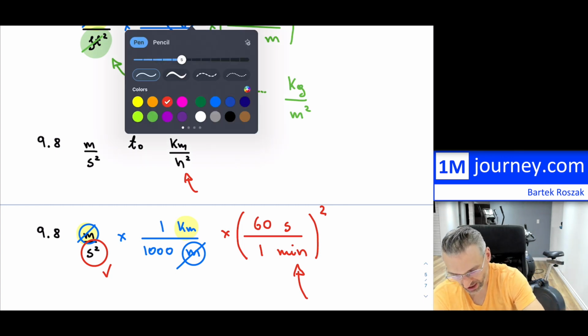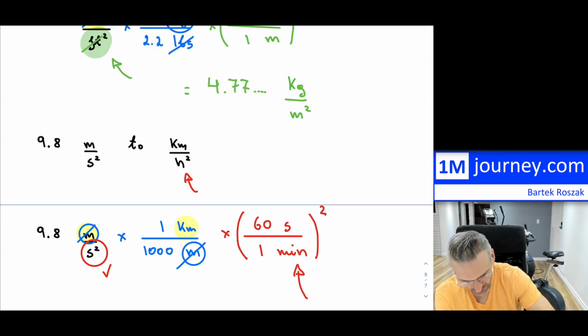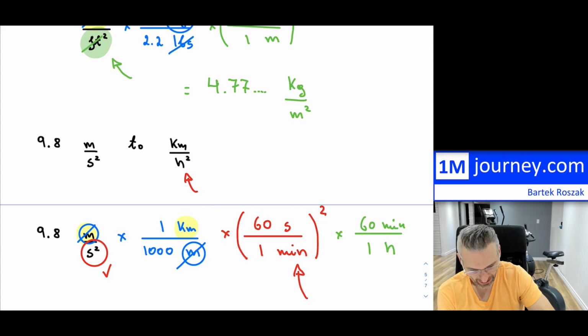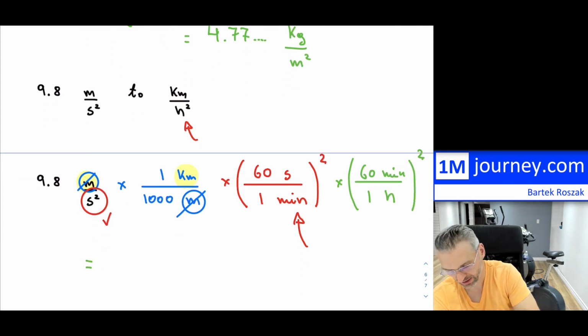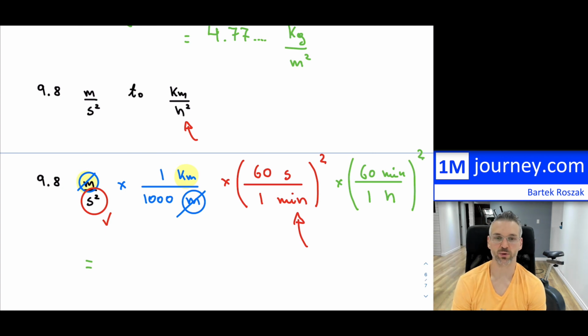So I actually would have to proceed one more time to multiply this, because I want to get rid of the minutes. That's that minute from the bottom. Now there are 60 minutes in 1 hour, and this is going to bring me to those hours. But notice, of course, that it is squared, so I'm going to have to square this. And this now will give us exactly what we wanted.